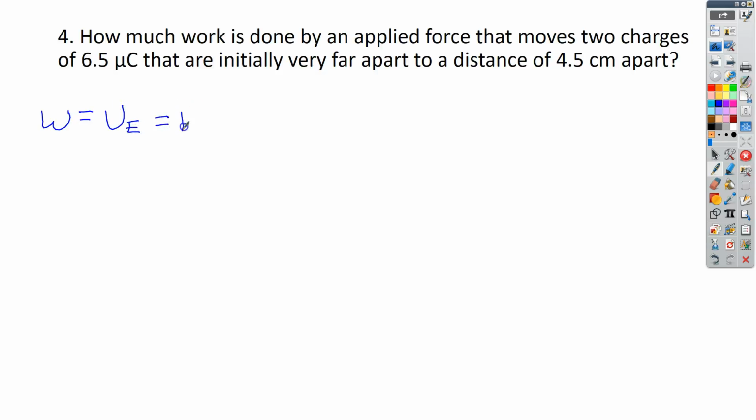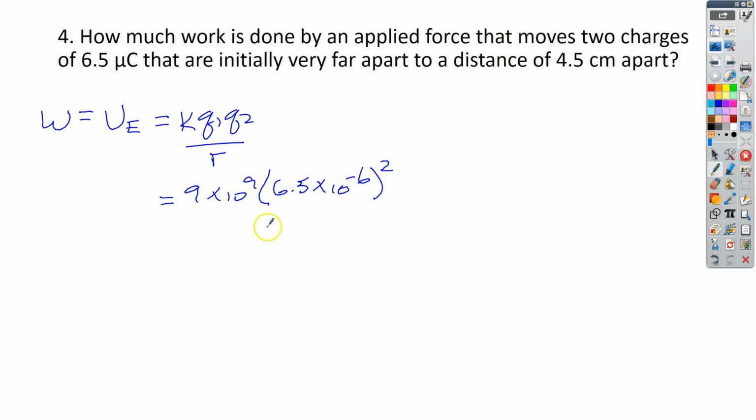And so that's equal to K times Q1, Q2, all over R. We'll put in our 9 times 10 to the 9th. And then our charges are both 6.5, and remember micro means times 10 to the negative 6 coulombs. We're going to square that because the 2 charges have the same charge. And we can divide it by the distance between them, which is 0.045. And so we end up with 8.4 joules.